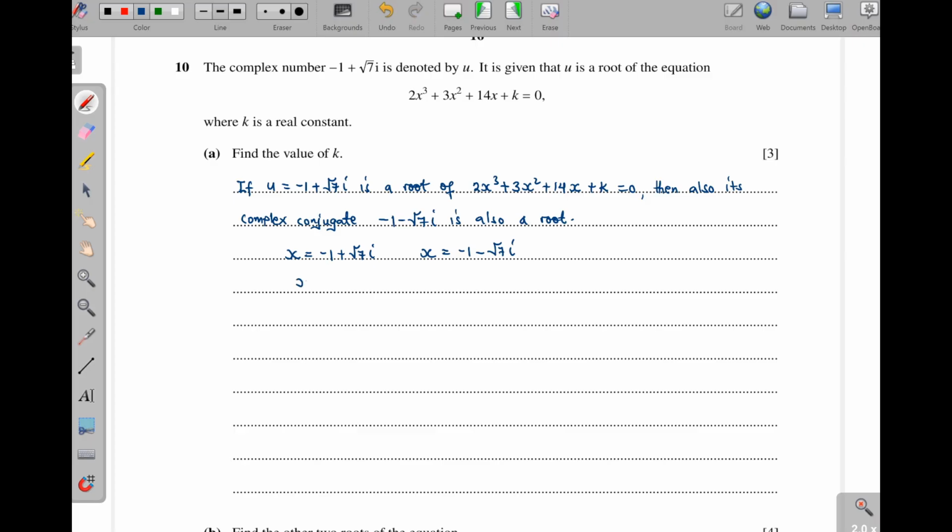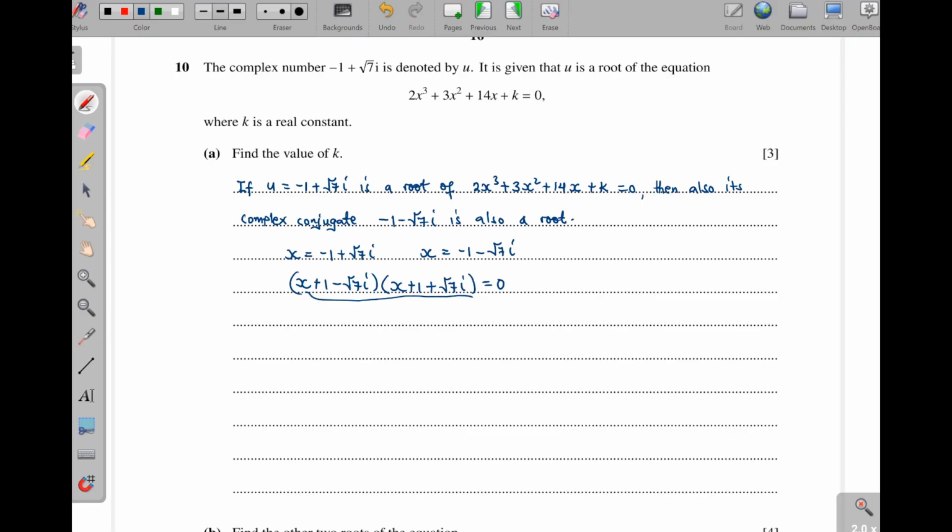Here, you get x. When this one comes this side, I think this one will be a plus, then minus root of 7i. Then also bring this one this side, you will get x, then plus 1, then plus root of 7i. Then this one will be equal to 0.